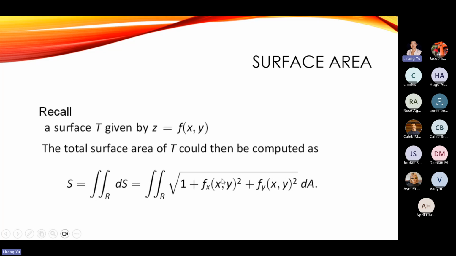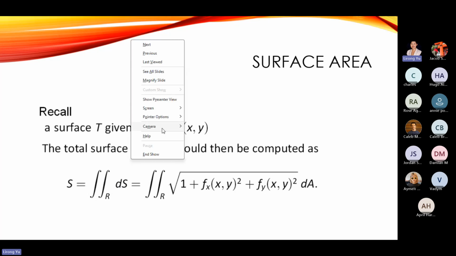So the surface area calculation has this special thing, compared with the actual two-dimensional area. Now you convert to the double integral of 1 dS. The dS here is a capital S. It's not the arc length parameter we were talking about.